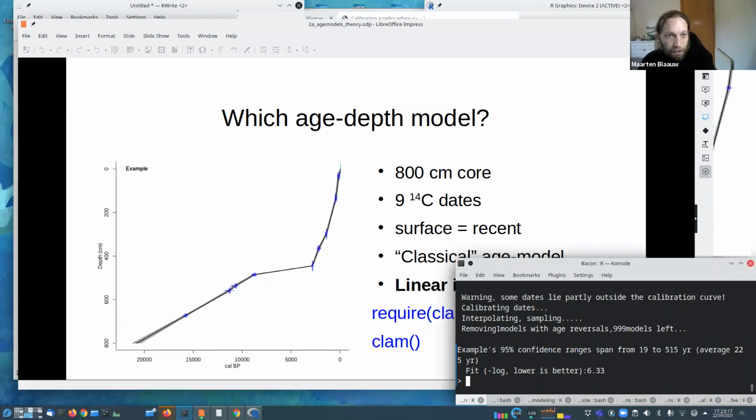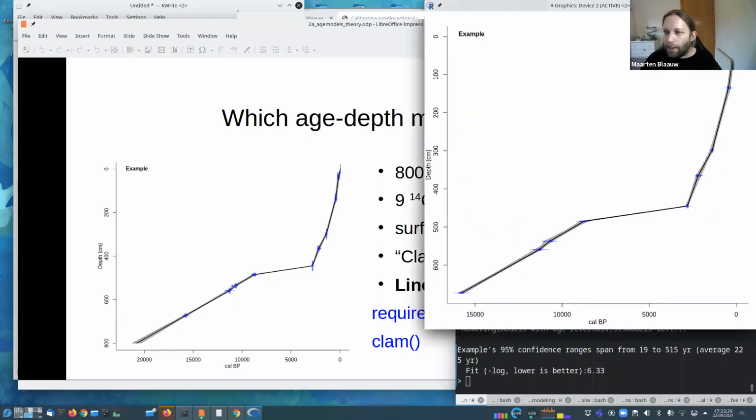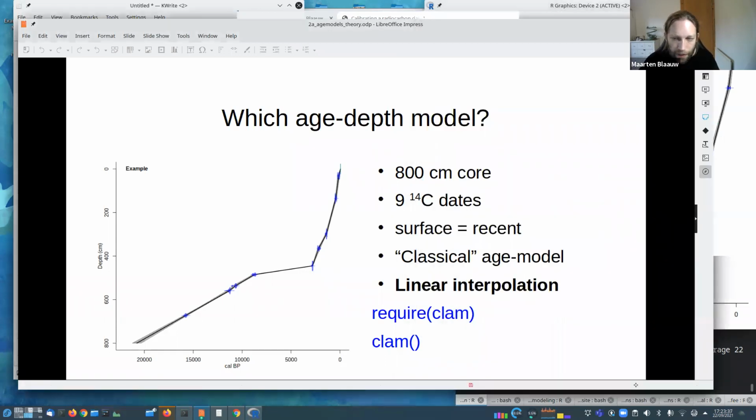If you run this for the first time, it might ask you if it's okay to place a folder, and you just say yes or type yes. I hope you can then also see that an output like this appears. We'll look a little bit in more detail during the practical. But this is, say, the default age model.